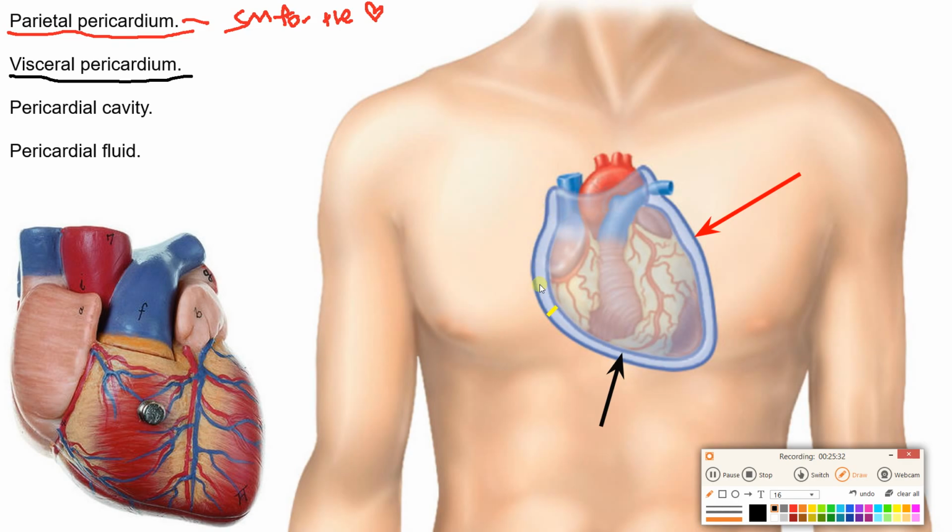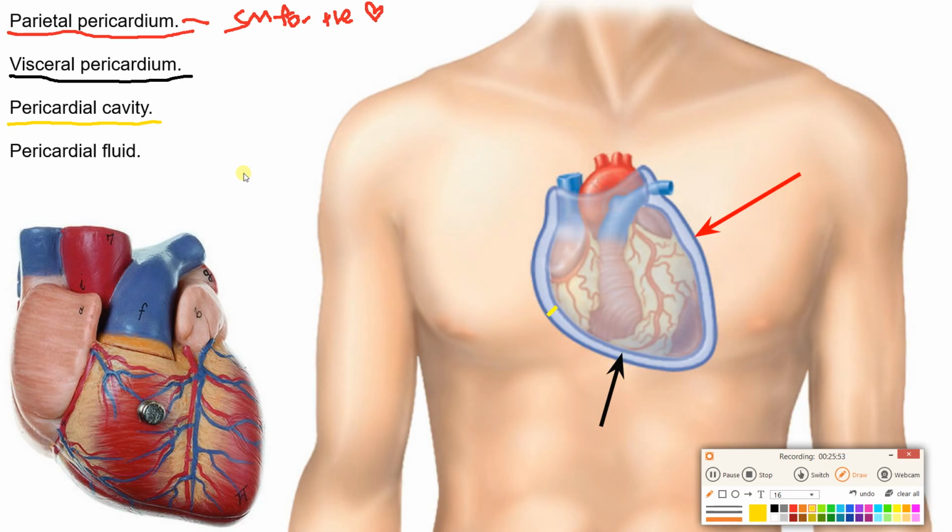Now notice, of course, there is a space between them, a little yellow line in that space. And that space is the serous cavity we talked about last time. But now we're calling it the pericardial cavity to be specific to the heart.